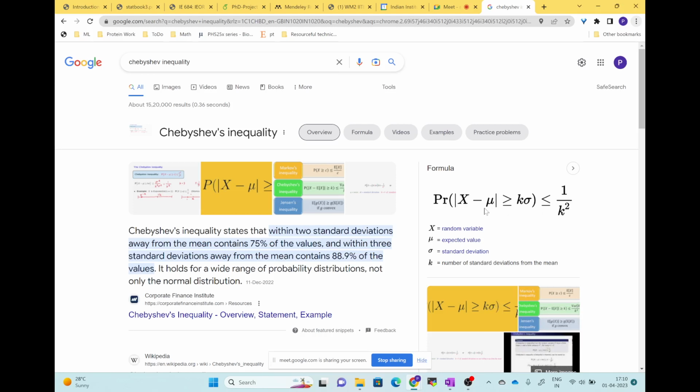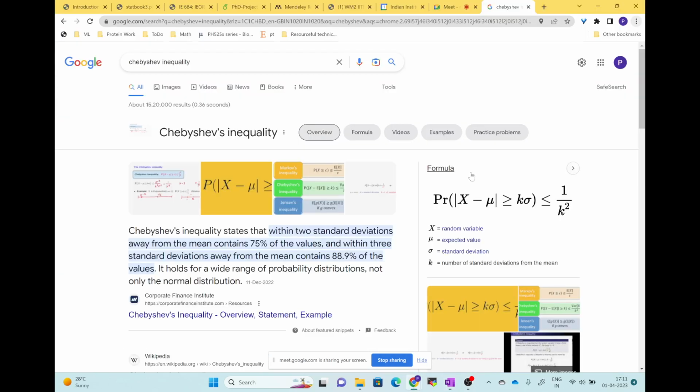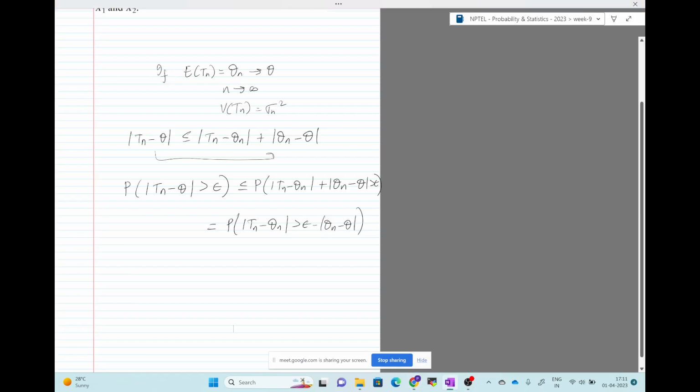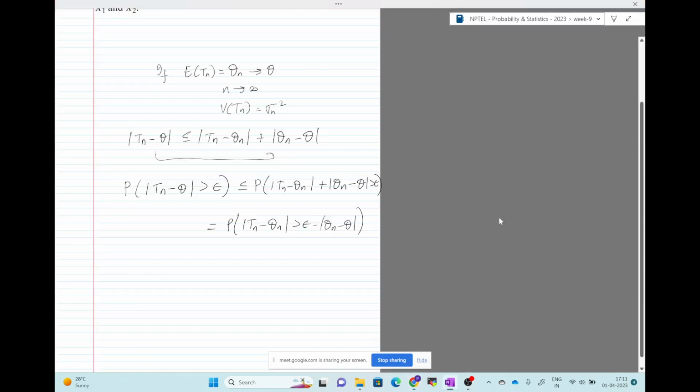This is your random variable, and this is the mean. So here we have similar terms. This k will come in terms of eta minus mod of theta n minus theta. X is your random variable, mu is the mean. So it is sigma square by that. Okay, sir, understood.